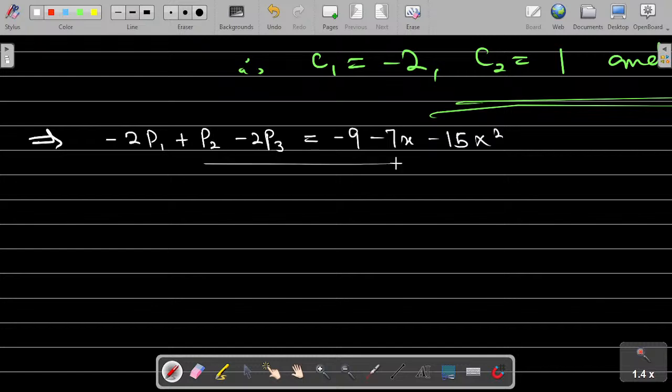Okay, and this is the required linear combination. And that completes our question E.